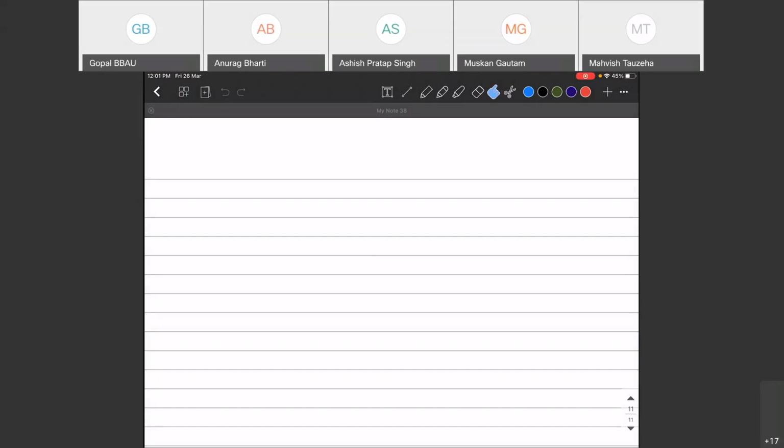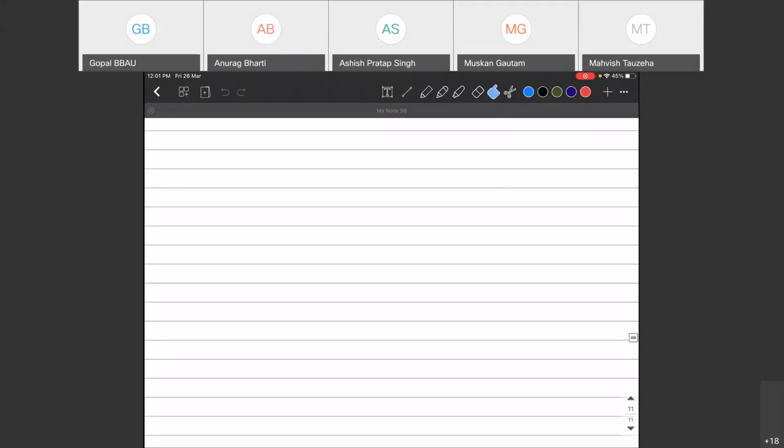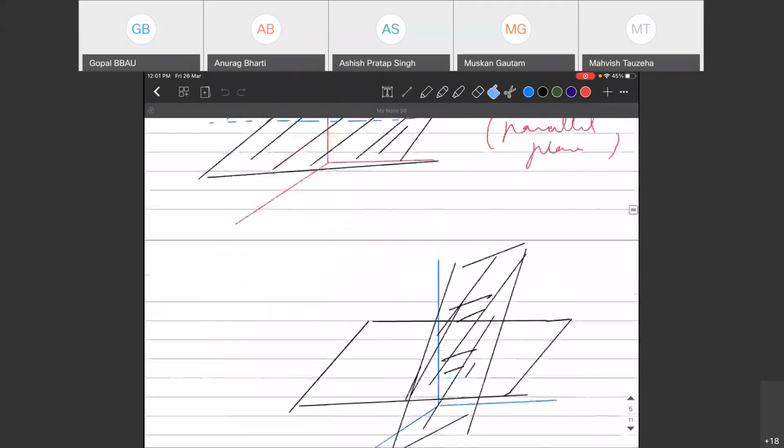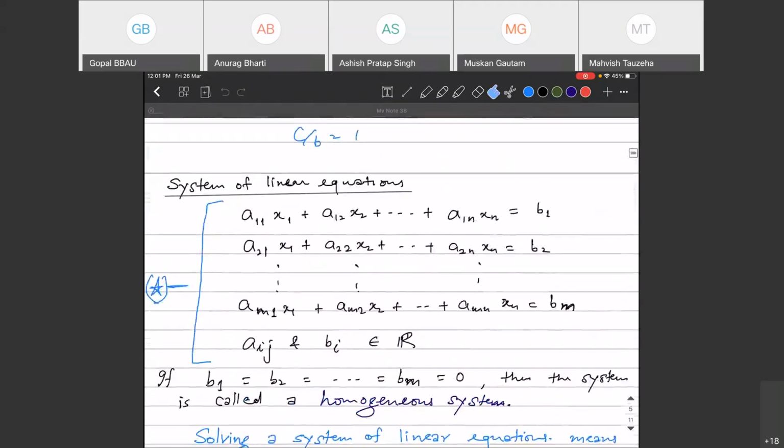Yesterday, so far, what we have seen is a system of linear equations.